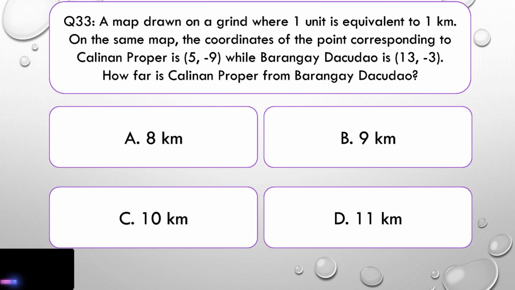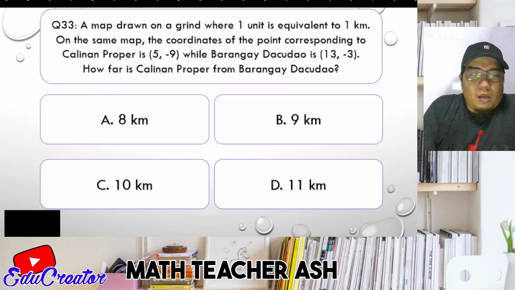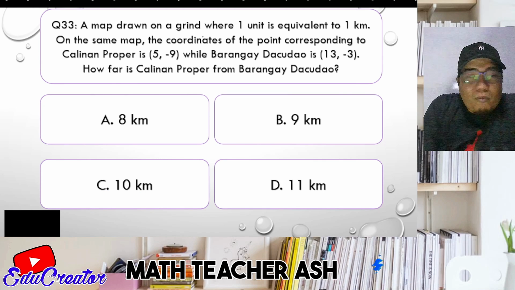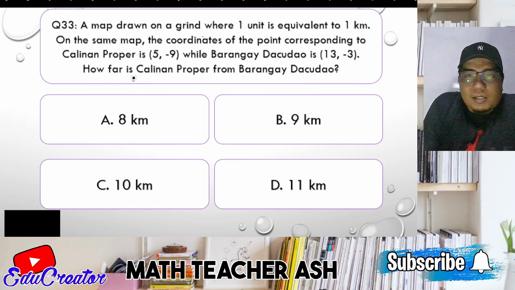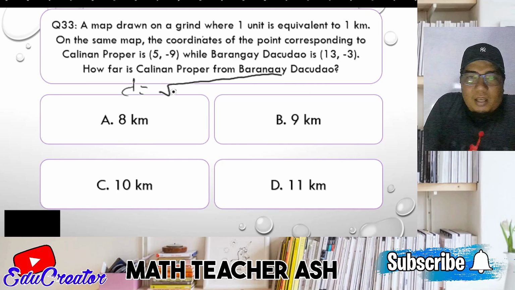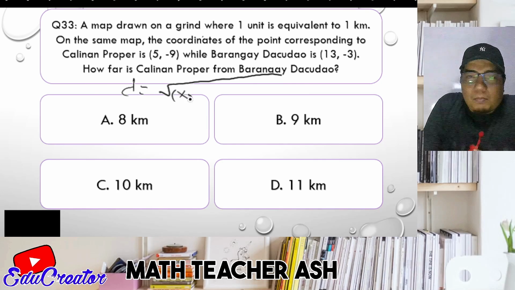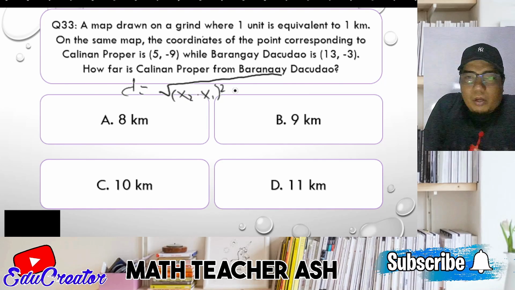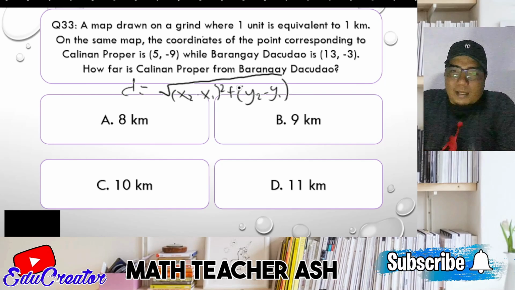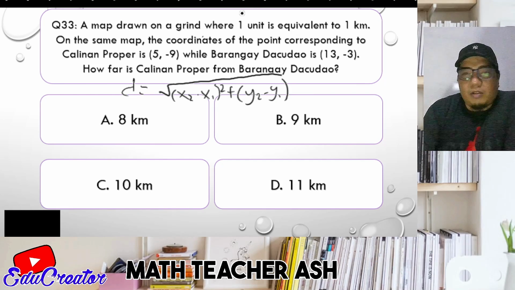Okay, my dear math learners, dahil ang tinatanong dito ay how far, so meaning we are talking about distance. Kapag ang distance, alam naman natin ang formula for distance is ito yon. Okay, so x sub 2 minus x sub 1 squared plus y sub 2 minus y sub 1 squared. Basically yung pangalawang x at pangalawang y.